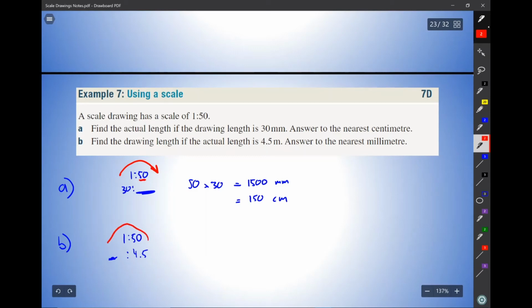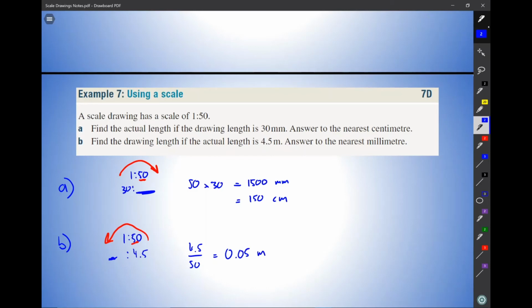When we're going back this way, we're going to divide by 50. 4.5 divided by 50 equals 0.05 meters, which is 5 centimeters, which is 50 millimeters.